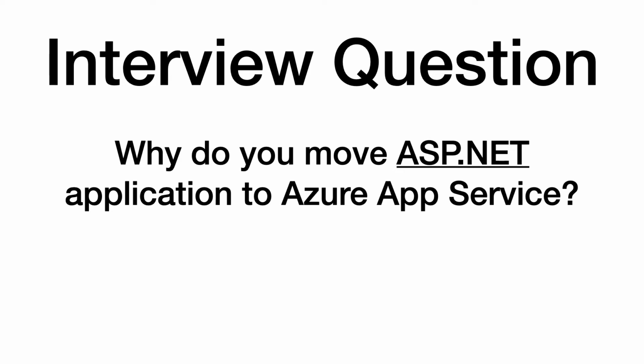So, these are the reasons for moving an ASP.NET application to Azure App Service. If the interviewer asks follow-up questions, like what is Health Check, Application Insights or Navigator, I will answer them at the end of this video.